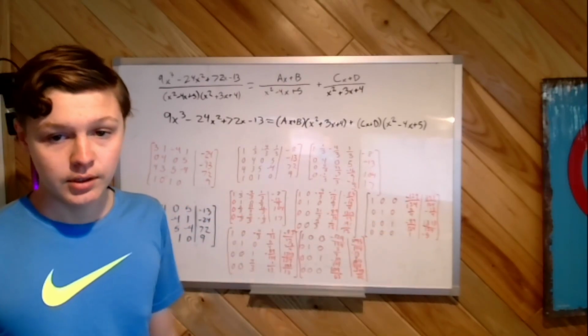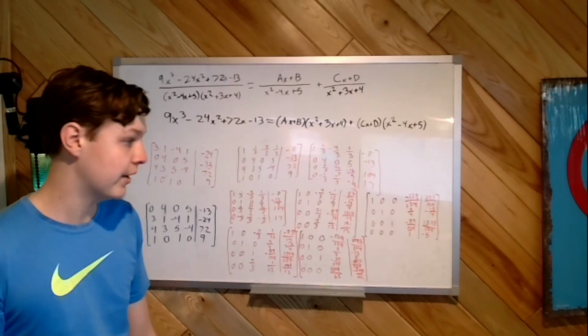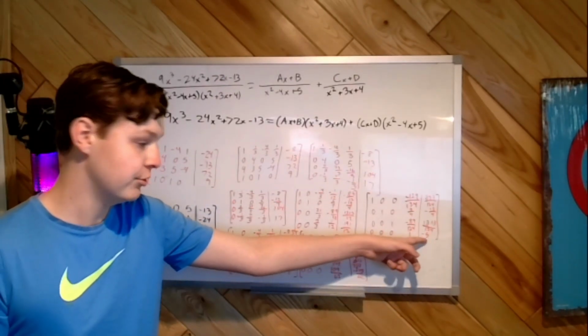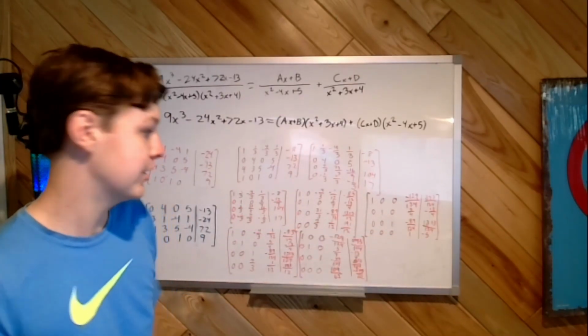So as you can see, we're already starting to simplify this, and since this is the D column, we know that D is equal to negative 5, which is already the first step in our answer, which is very nice.